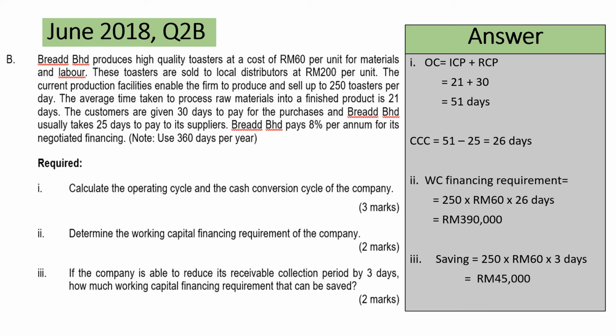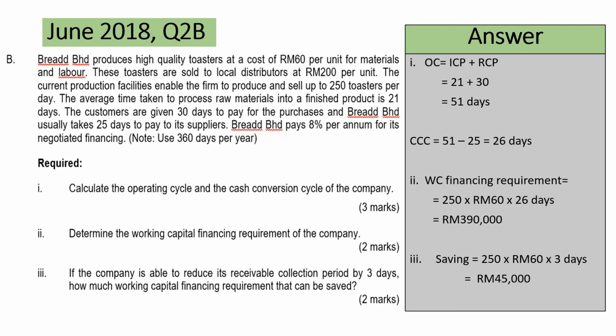All right, for question number 2, determine the working capital financing requirement of the company. So the working capital requirement is basically the PDP because this is the creditor. So you look at this, how much does the company require for working capital? Of course, the cost per unit.